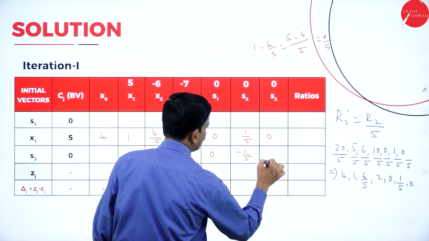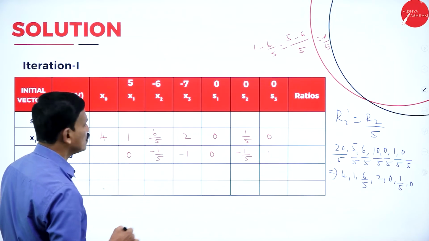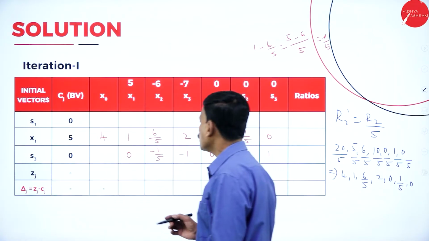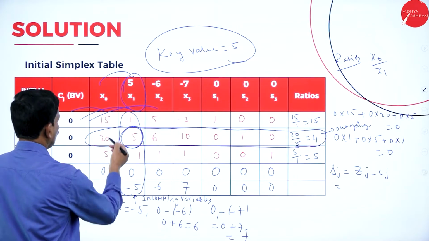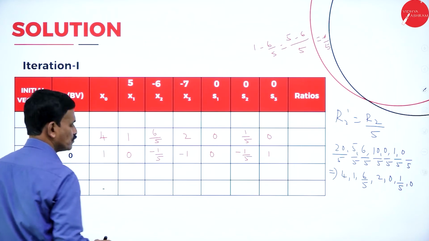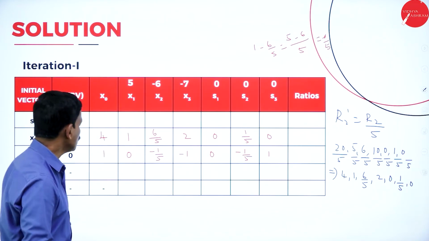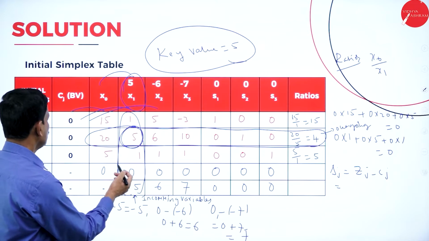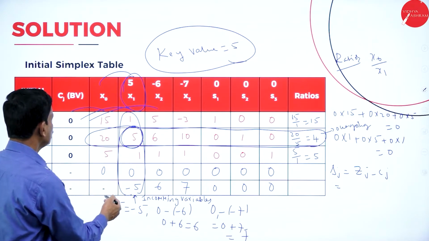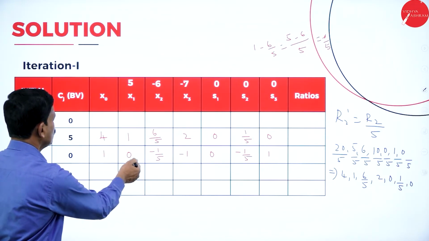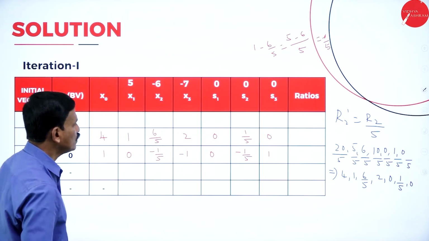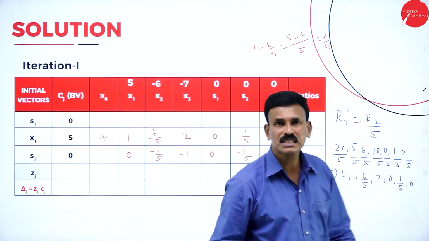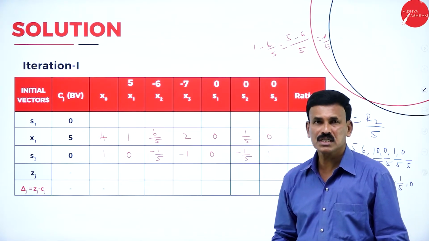If you want x0, it can be written as 5 minus 4, which is 1. So in the simplex table we have 1, 0, minus 1 by 5, minus 1, 0, minus 1 by 5 and 1. That is for the S3 row.